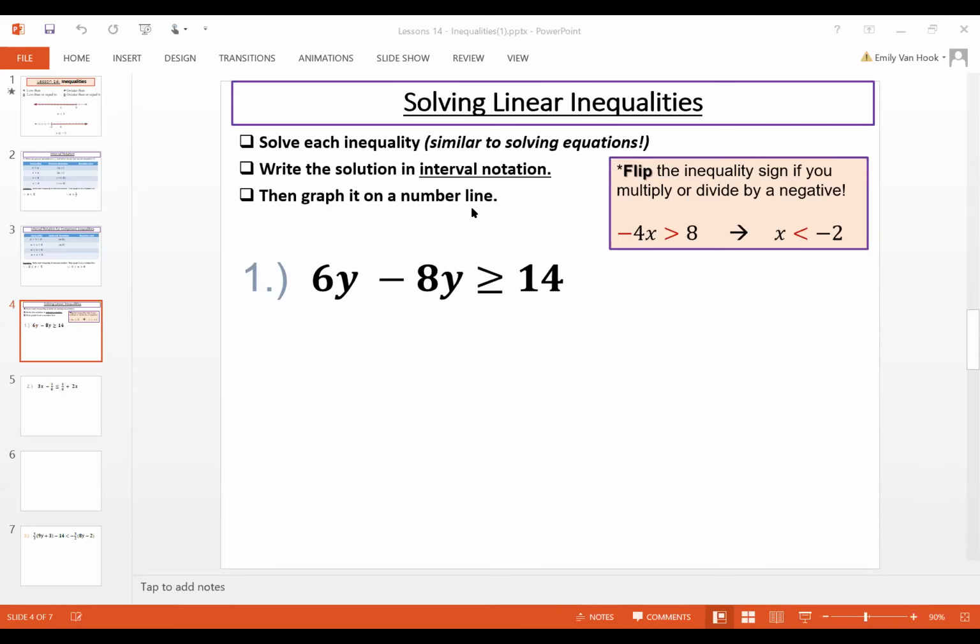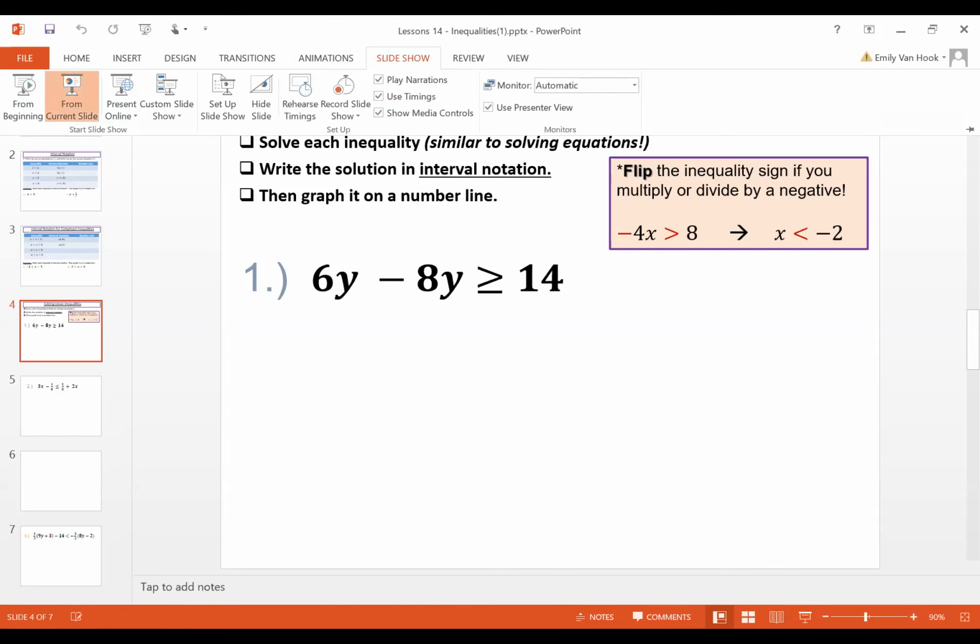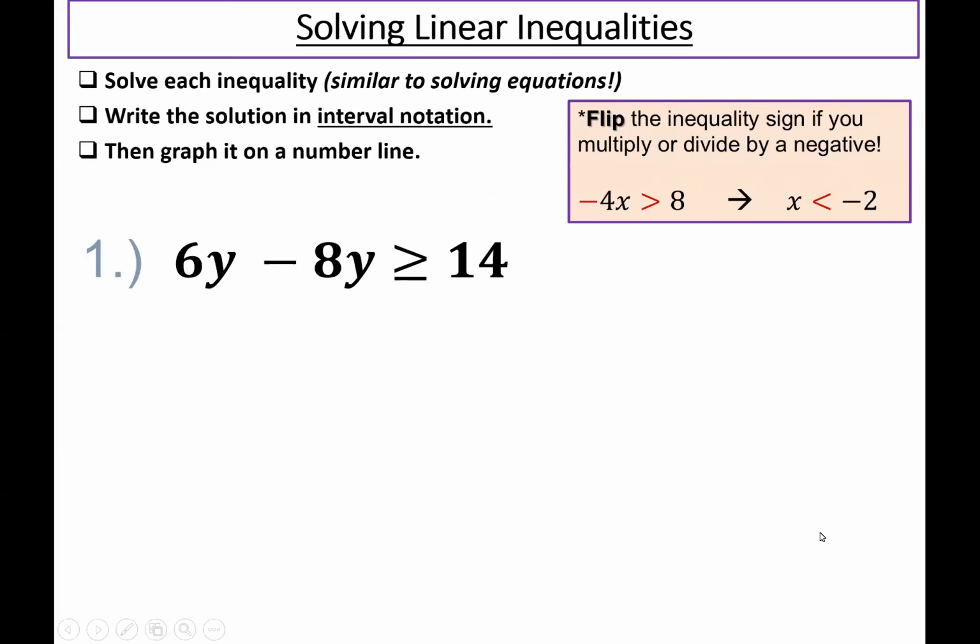So we visually illustrate that by drawing arrows on number lines. So that's kind of an added part of these problems. Okay, let me take us to a full slideshow here so we can have a little more space on the screen. And then we'll take a look at solving number 1 here.